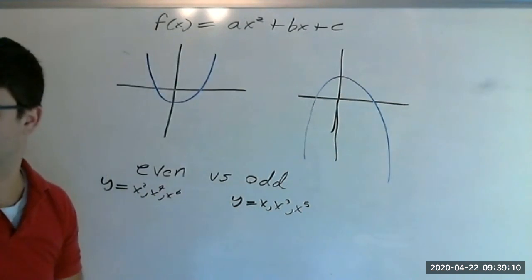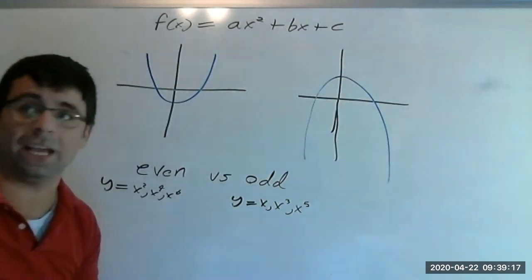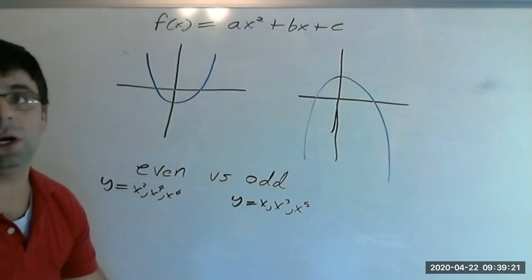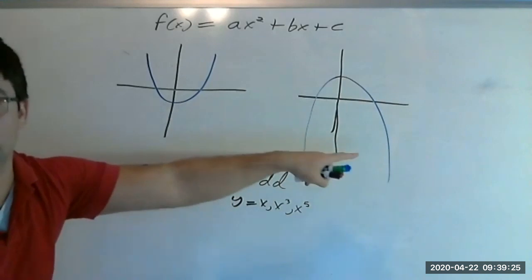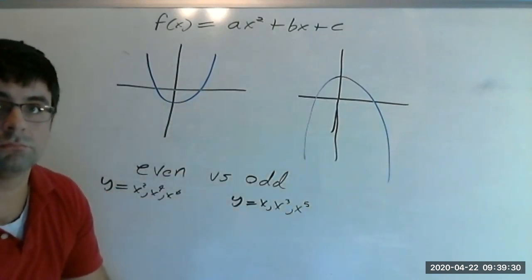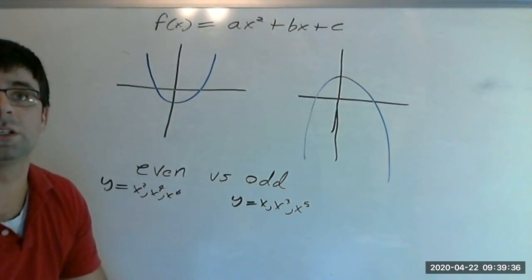But what determines graphically whether something is even or odd, how could you tell that these are both even graphically? What was the way we said that you can tell that graphically?